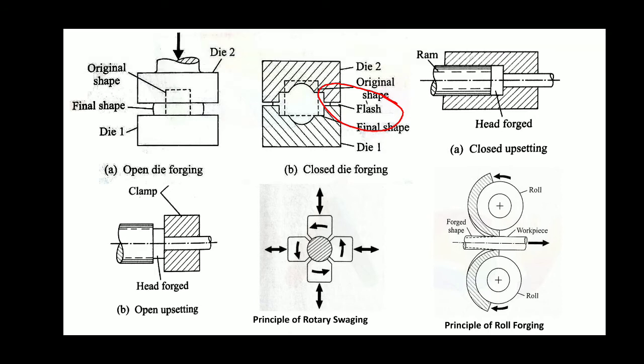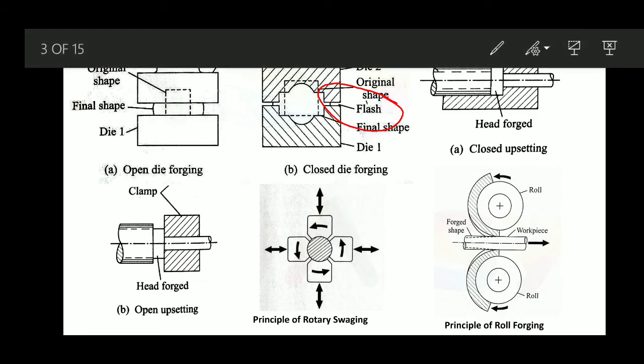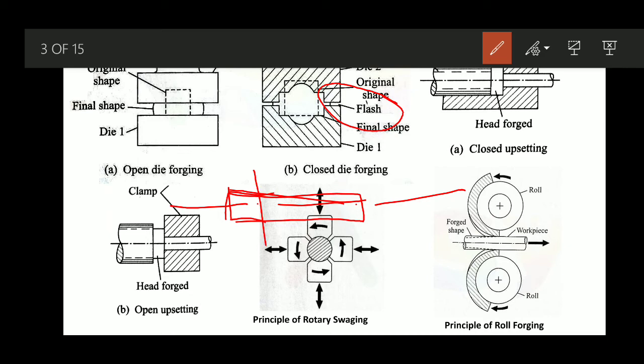Similarly, we can have the upsetting process, as we have already discussed. In the upsetting process, as we have discussed previously, if this is the material, the cross section of it increases at the expense of its length. Cross section will increase but length will decrease. That is basically nothing but the upsetting process.